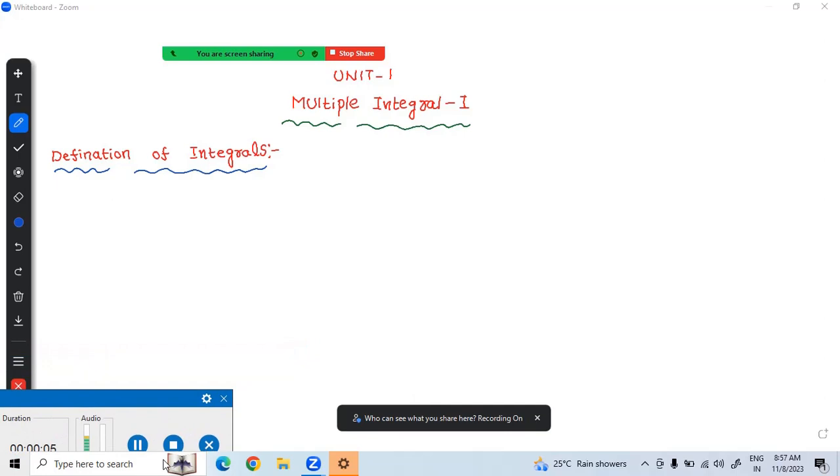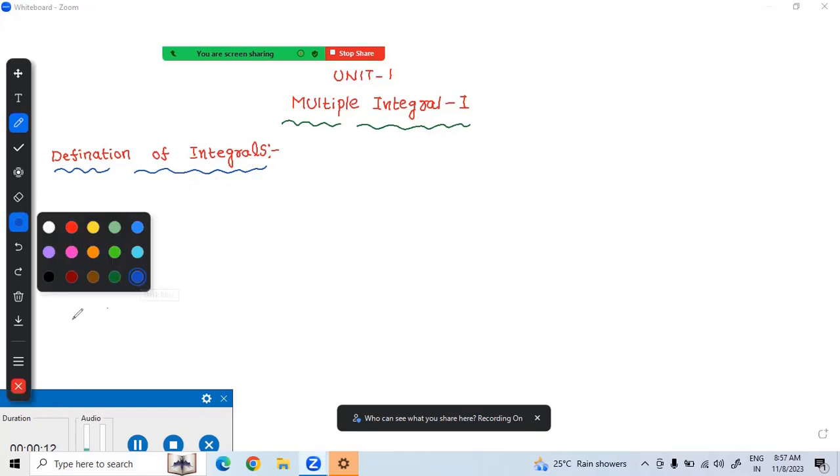Okay, multiple integral 1. The topic is multiple integral. So, the definition of integrals.